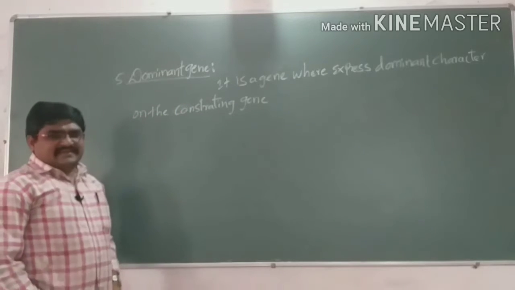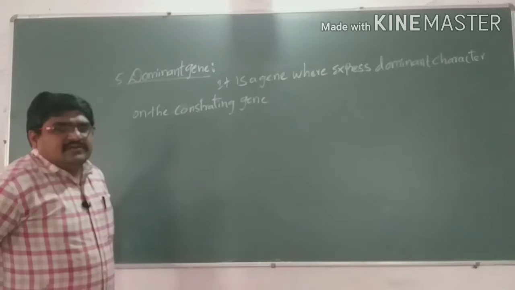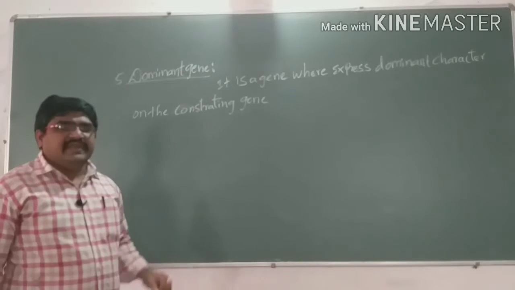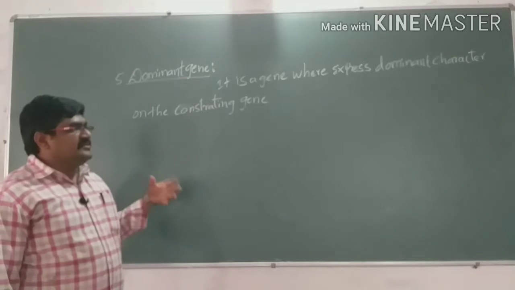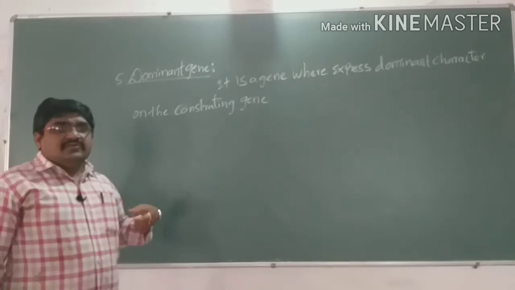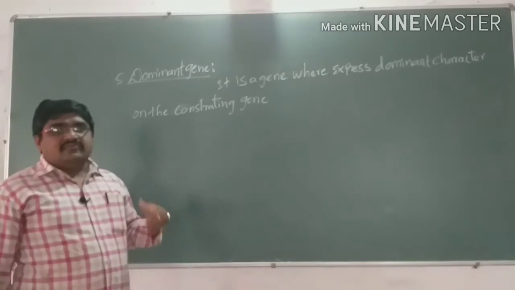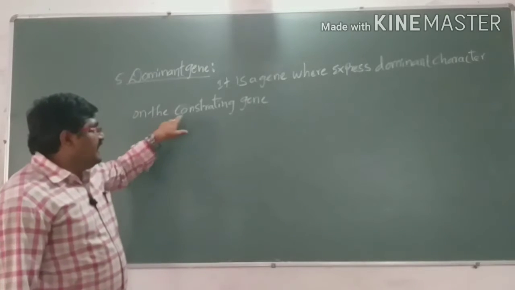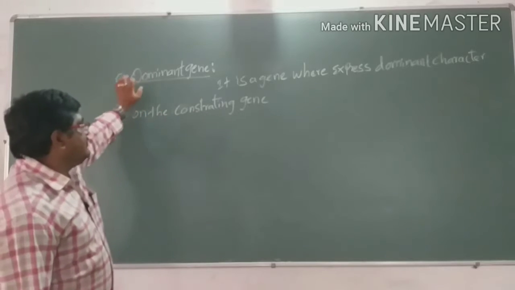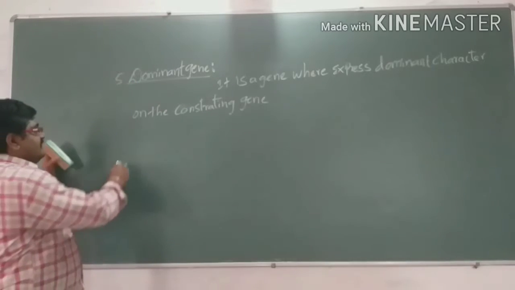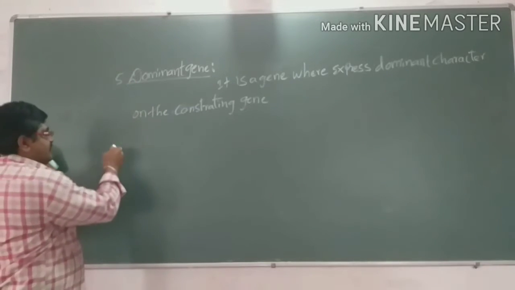Otherwise you can also call it a dominant character. A dominant character is a gene that expresses the dominant character over a contrasting gene, then we call it a dominant gene or dominant character.